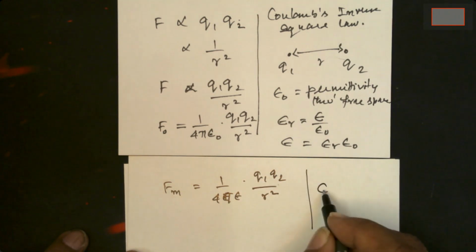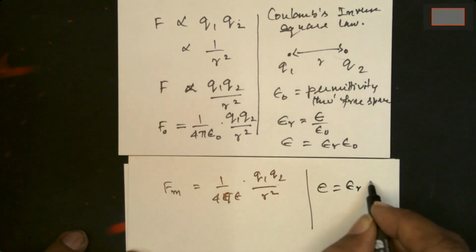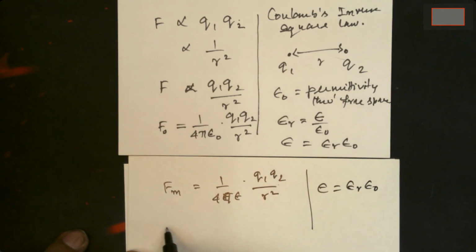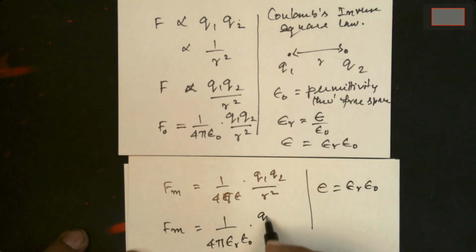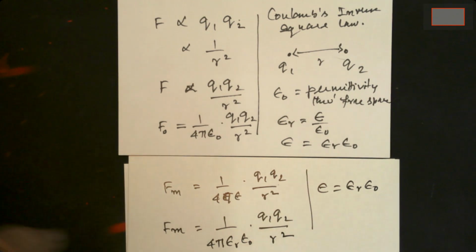And we know epsilon is equal to epsilon r into epsilon naught. So we can introduce Fm is equal to 1 by 4 pi epsilon r into epsilon naught into Q1 Q2 divided by R squared, right?